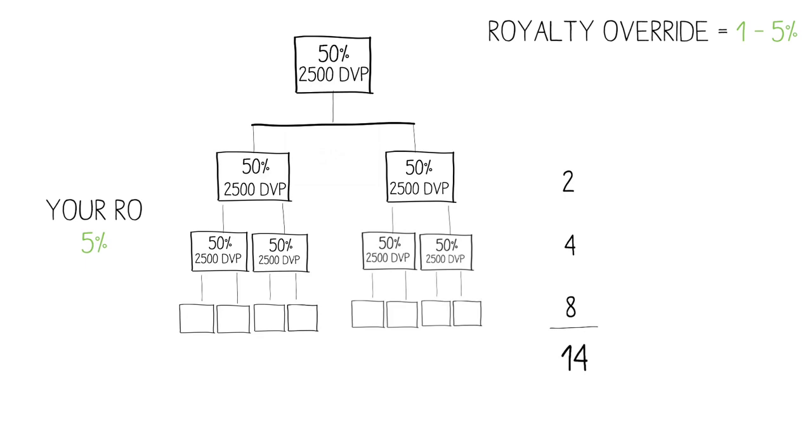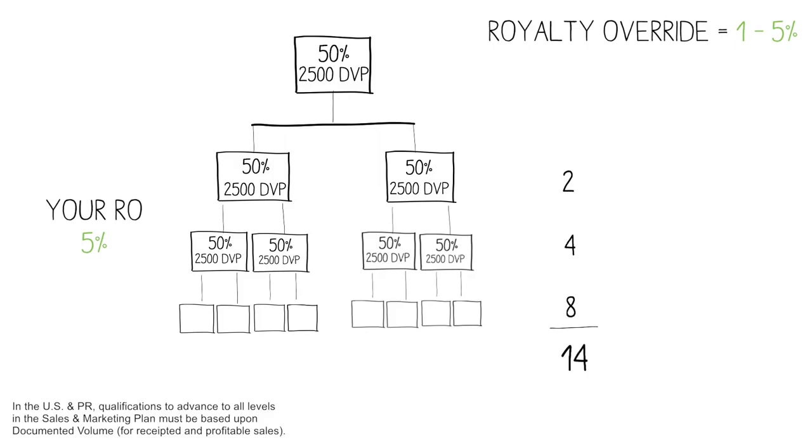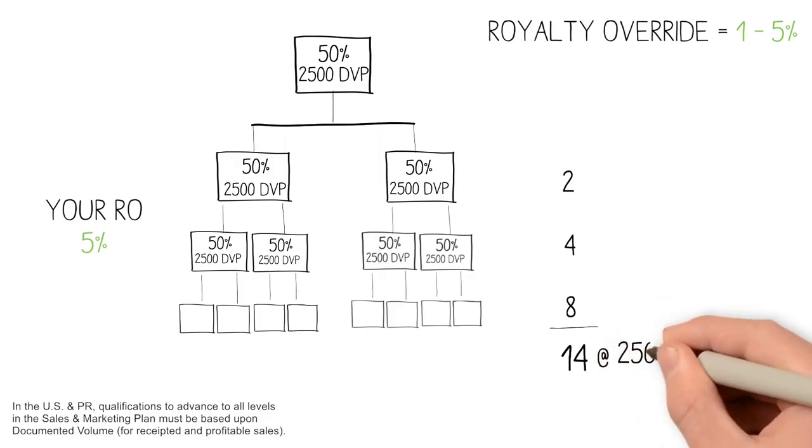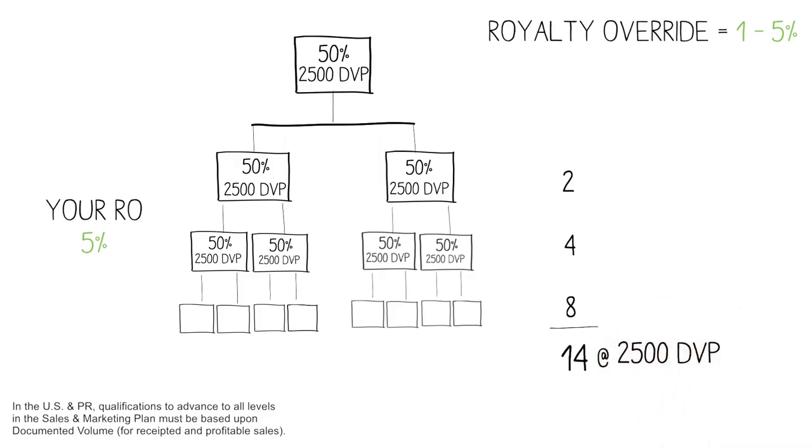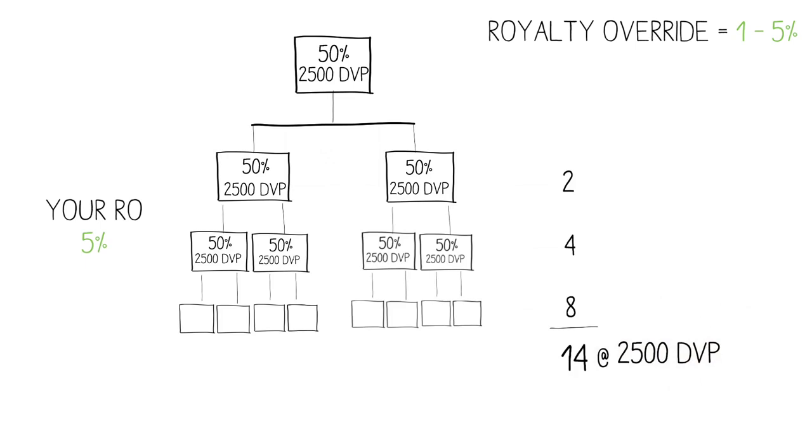From here, if 14 people have learned how, they're working hard, doing 2,500 volume points a month, that's going to add up when you get your 5% check to somewhere between 1,700 and about 1,800 royalty points, which in the U.S. is approximately $1,700 to $1,800.